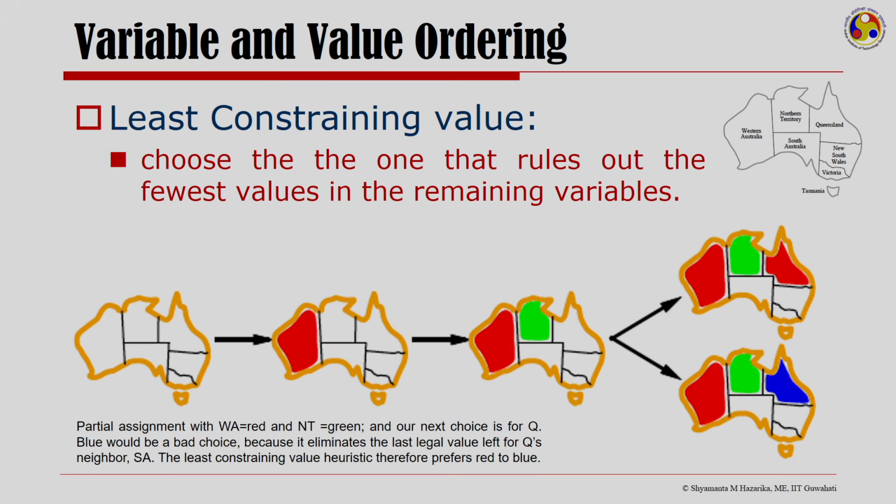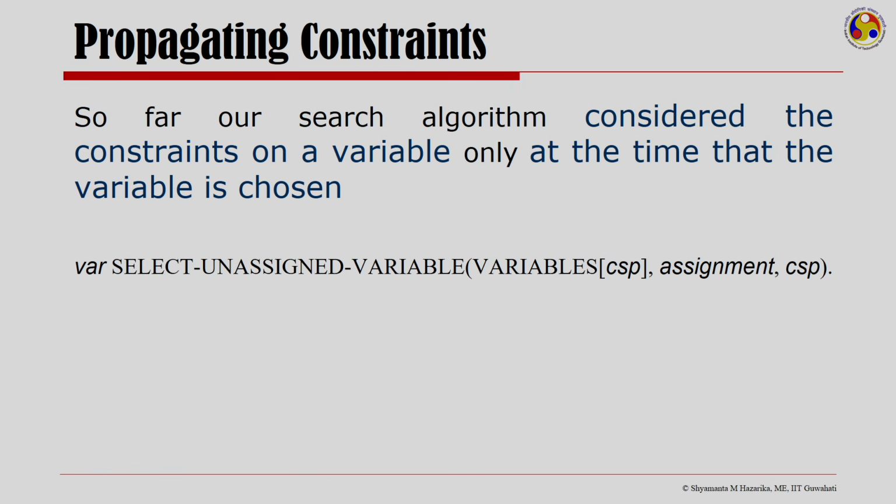So, the least constraining value heuristic prefers to color Q red rather than coloring it blue. So far, in the search algorithms that we have considered, the constraints only looked at the variable when it is chosen.